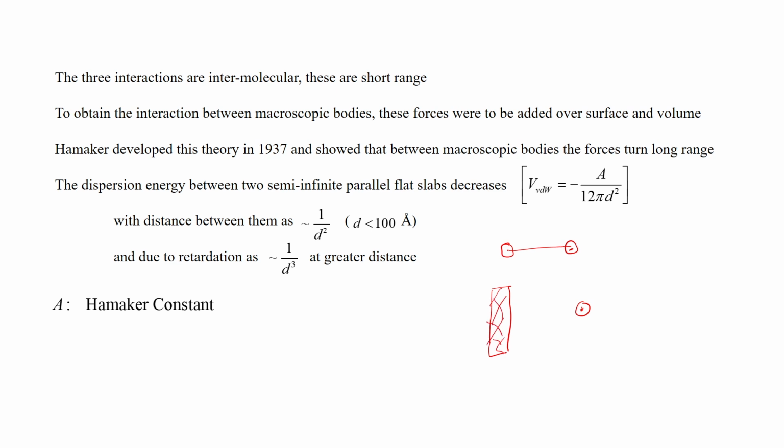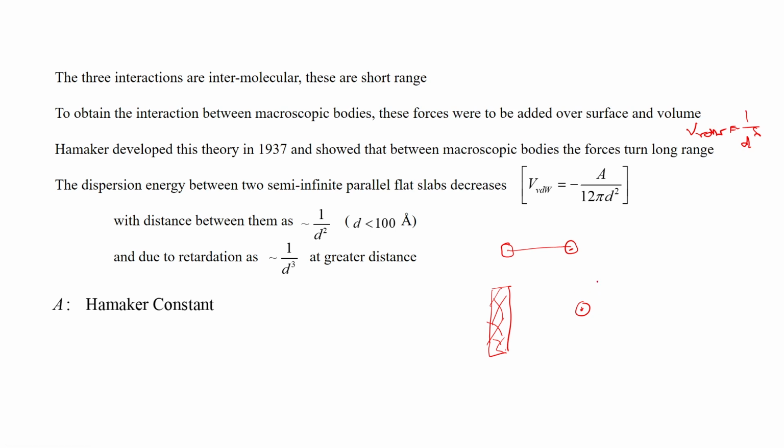So, let us say this is a plate. When you do that, the d to the power 6 dependence of the van der Waals interaction energy, V_vdW going as 1 upon d to the power 6, decreases in exponent. So, it becomes somewhat long range.